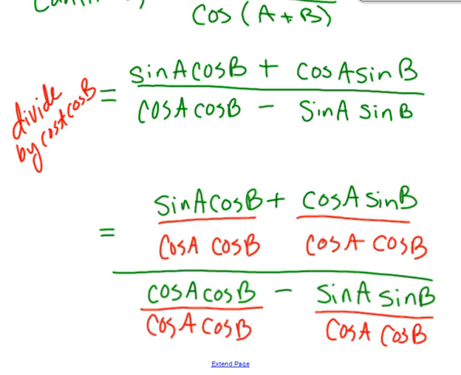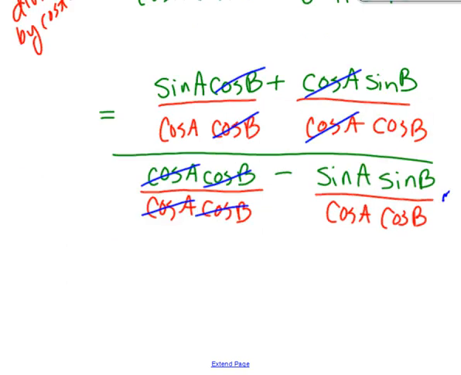Okay, now we get to do the cross out. So cosine of B and cosine of B, cosine of A, cosine of A. Everything goes there and nothing goes over here. All right, so what am I left with?